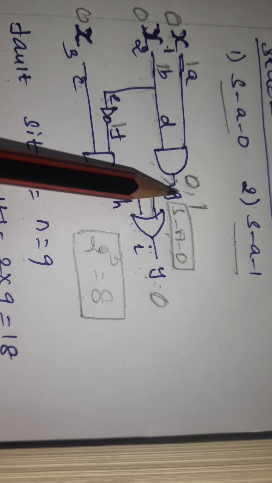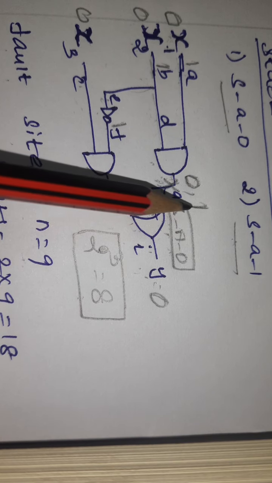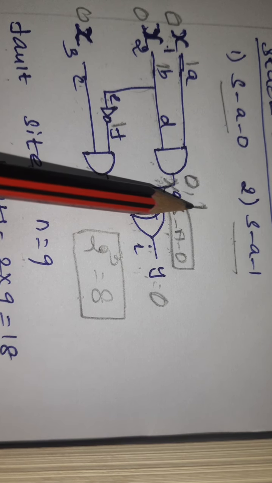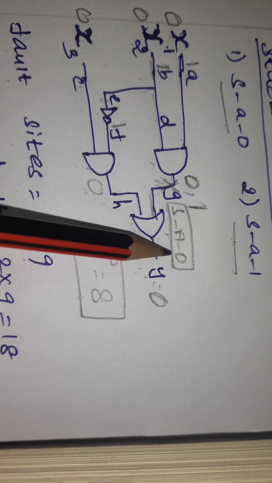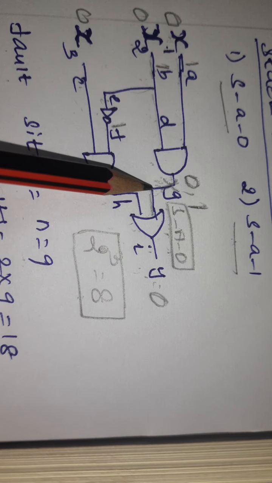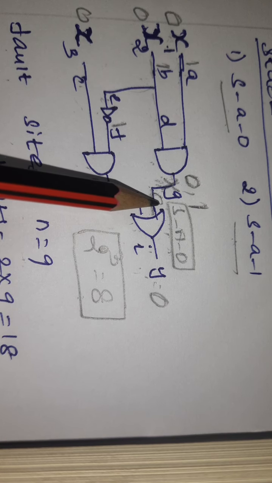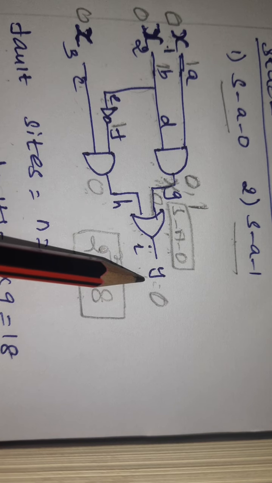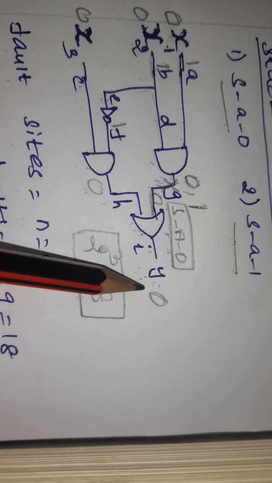Now the original response value is 1, but because this line is affected by stuck at 0, the line value is invariably 0. So based on this fault value, it will give a faulty response at this point.